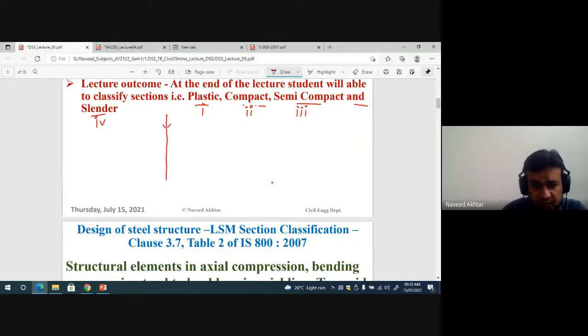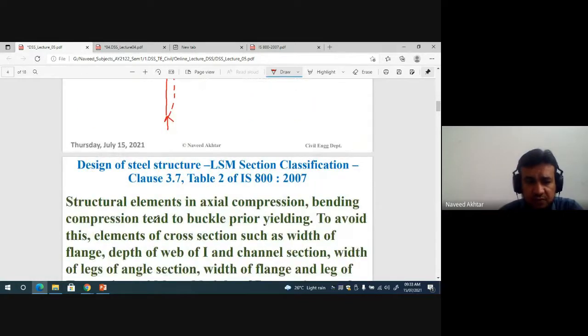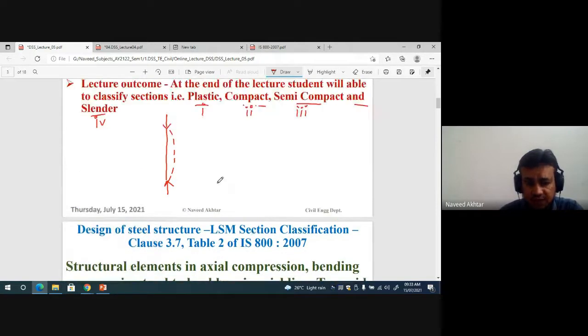You are applying compression on the member, then it will tend to buckle or bend. Bending compression also tends to buckle prior to yielding.